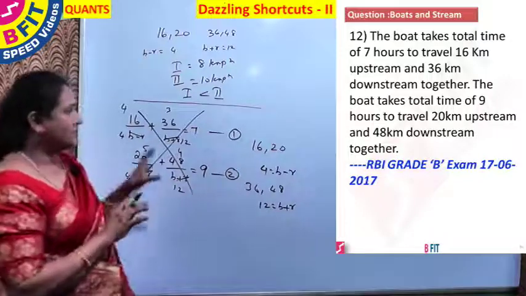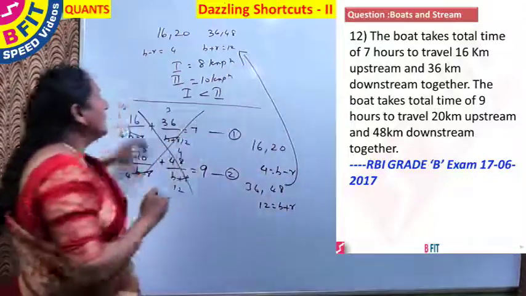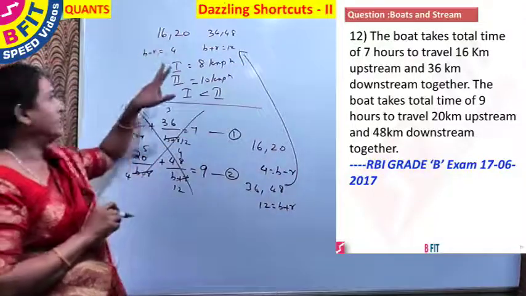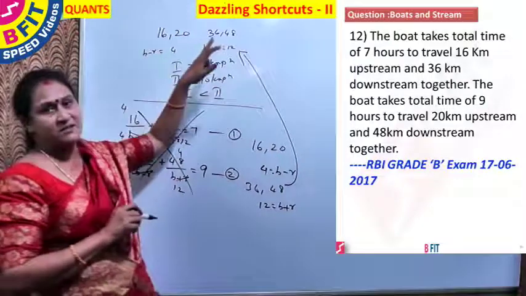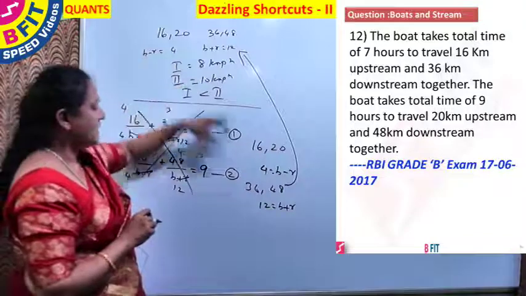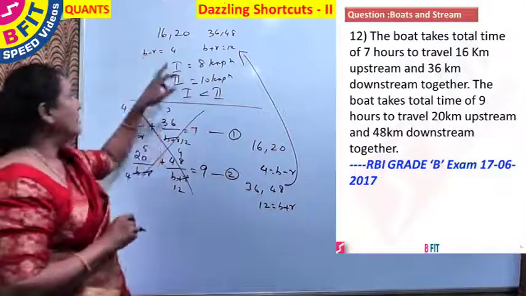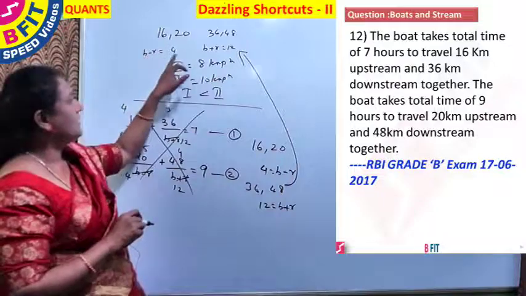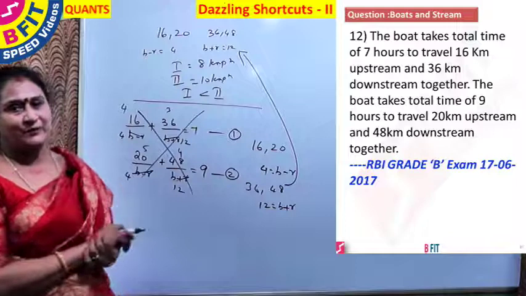So with just this, without any working, I took the upstream distances 16 and 20, so the HCF is 4, and the downstream distances 36 and 48, so the highest common factor is 12. I took b plus r as 12, and now getting b minus r as 4 and b plus r as 12, easily you can get the speed of the boat.